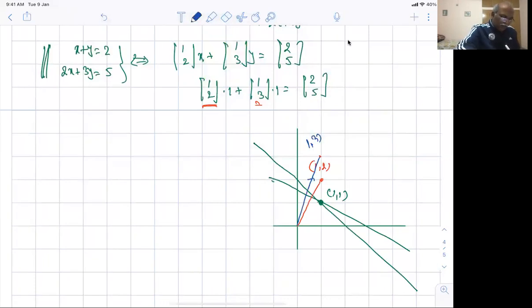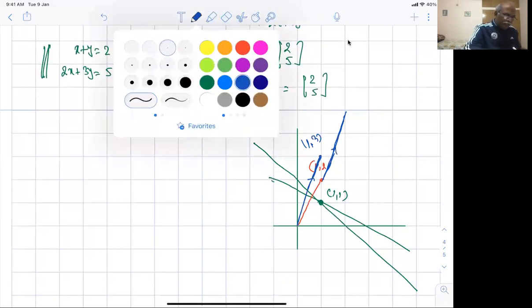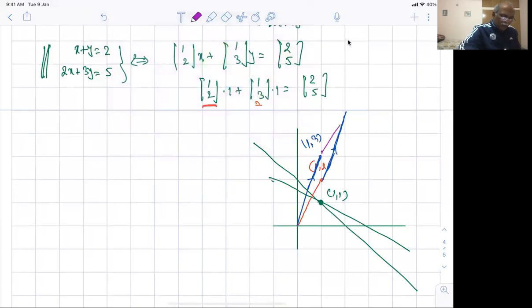If I add these two, I'll do something parallel to this, so I'll come here. This is the vector that I'm going to get, and this is the vector (2, 5).